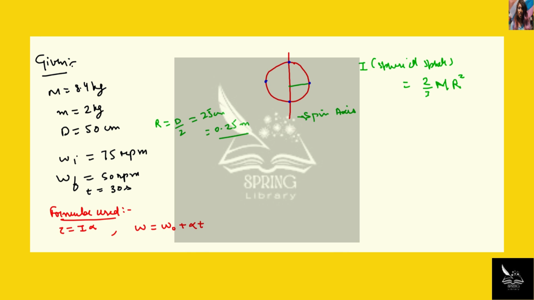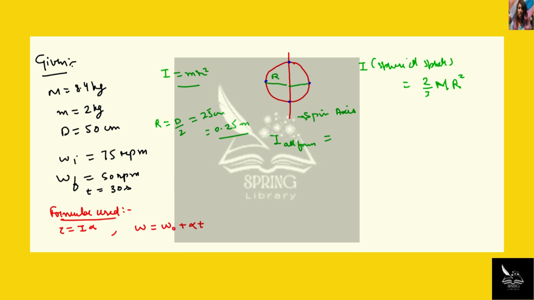Now we have two masses on the axis and the other two masses are at distance r. So the moment of inertia of all four masses: the general formula for moment of inertia is m r squared. Here the distance from the axis to the mass is 0, so the moment of inertia of this mass is 0.